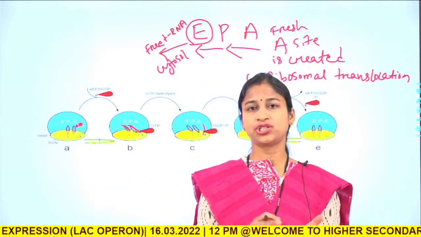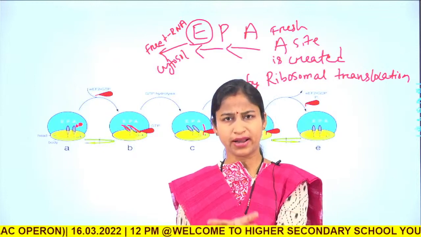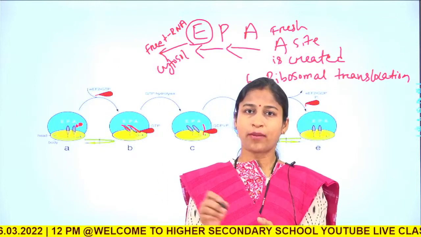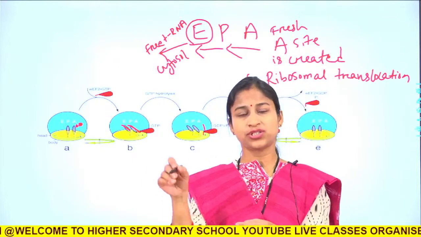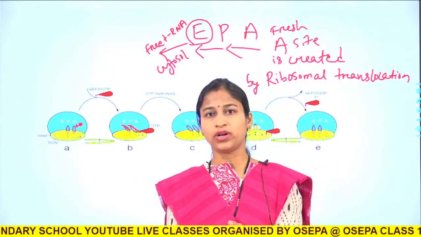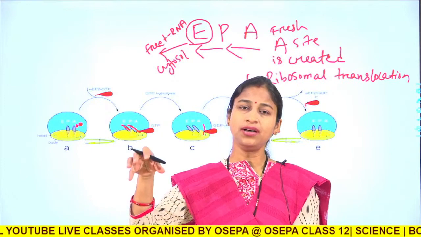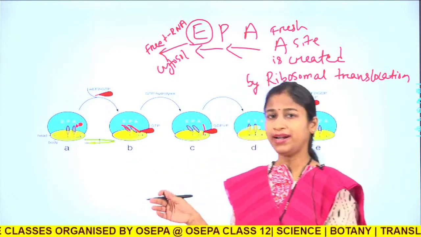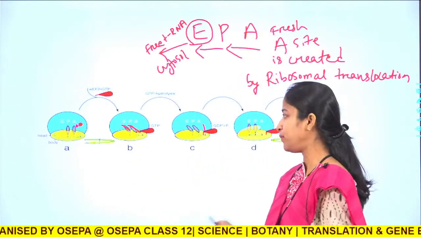Between the initiation codon and the stop codon, if there are 20 amino acids, then after 19 or 20 elongation steps it reaches the stop codon, and it proceeds to the step of termination.